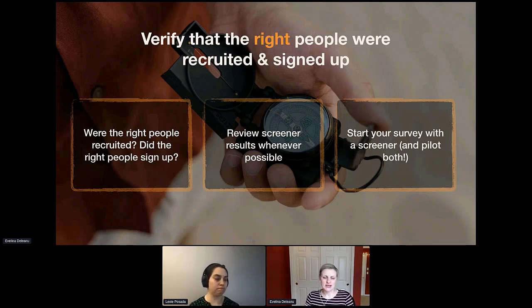In every case that I've run a study, and Lexie will nod her head saying that she did the same, whenever we launch a recruit and we have a screener that's live, after 2, 3, 4 people sign up, we take a look at who signed up to participate in our study. We review their screener, and we always learn that, hey, maybe this question isn't really getting me the kind of information that I want.